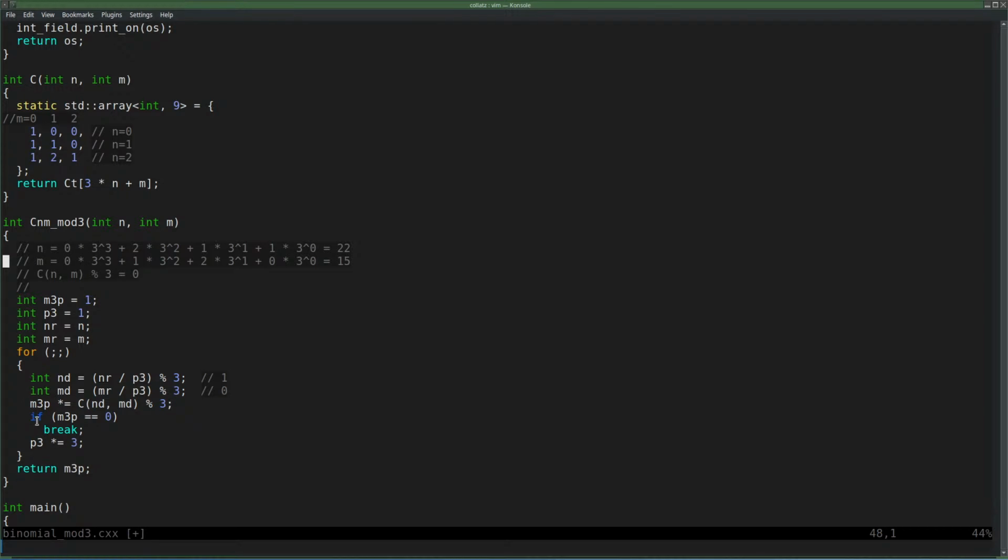You have to stop at some point. And I guess it makes sense to stop as soon as one of them is 0. Because if one of them is 0, so if m is 0, then the factor is always 1. And if n is 0, then the factor is also always 1.